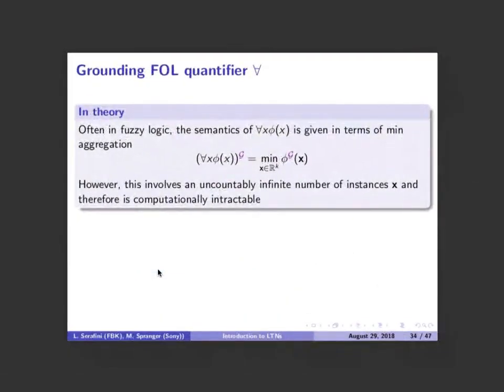So the only thing missing is how we would ground the quantifiers for all and existential, and typically we would take for all as a large conjunction, right?